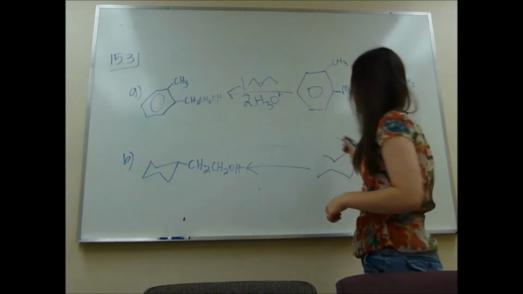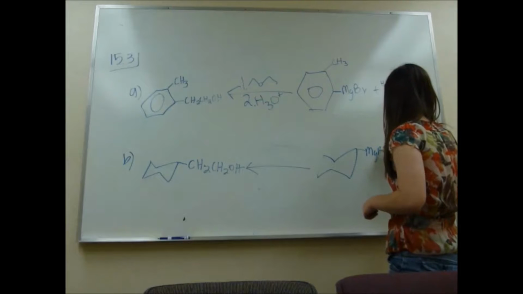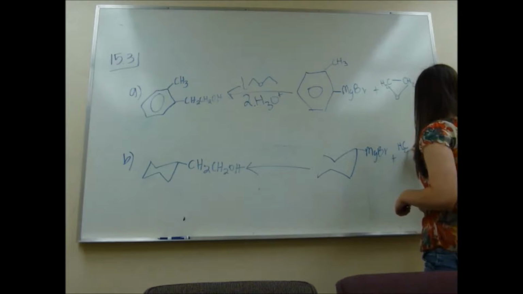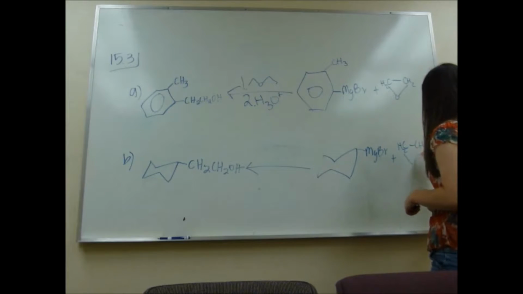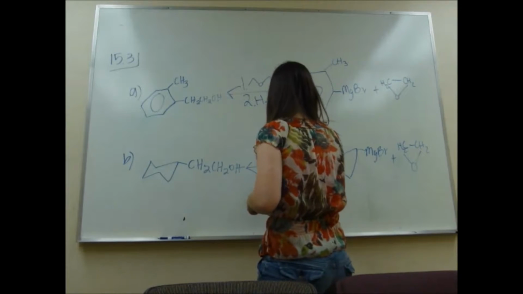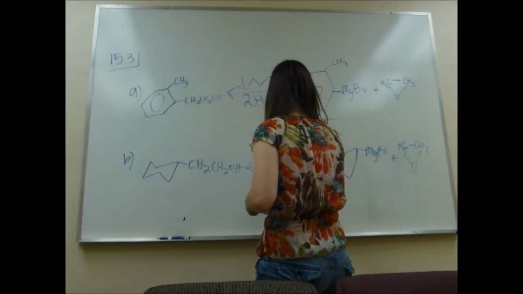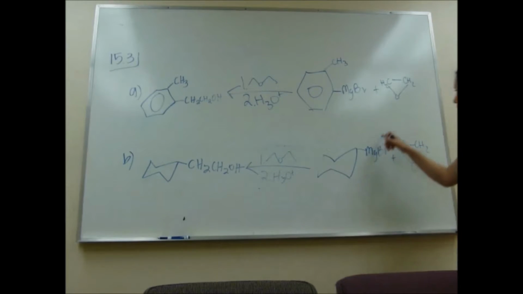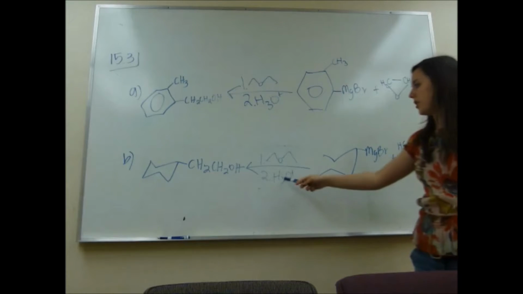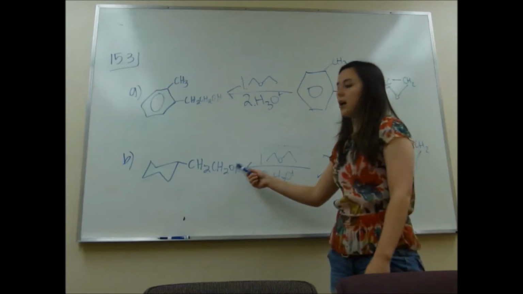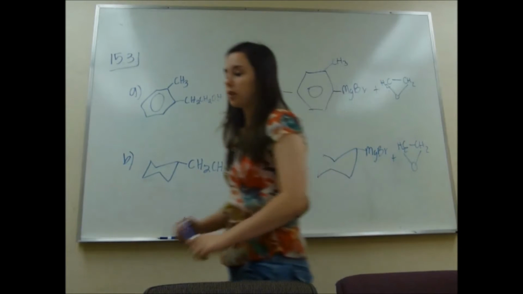And same thing, it's going to be the MgBr Grignard reacting with an epoxide, ethylene oxide again, and the same diethyl ether and H3O+. So again, the Grignard will come and attack the carbon, knock the electrons down to the oxygen. The next step, the H3O+ will protonate the oxygen, making an alcohol on the cyclohexane ring.